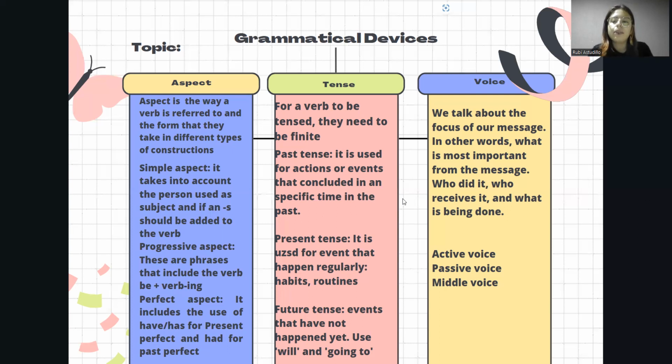So we need to have this in mind, because if we don't, for example, use the correct tense, how will we expect a text, a sentence, I don't know, a paragraph, an essay, a story to make sense and have a meaning, if we don't use the correct tense? We have to have in mind what is past tense for, what is present tense for, and when do we use future tense.